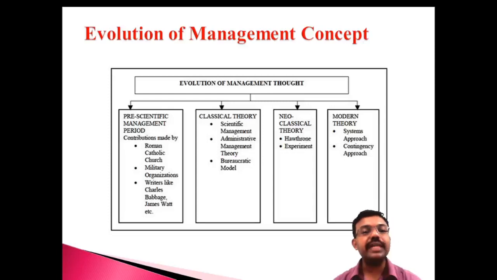In the Neoclassical period, one of the structural changes was an important experiment known as the Hawthorne experiment. This experiment was mainly conducted to identify human behavior. That is one of the drastic changes in the Neoclassical period. In the modern period, we can see two important approaches: one is the system approach, another is the contingency approach.